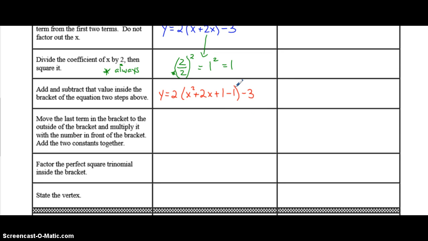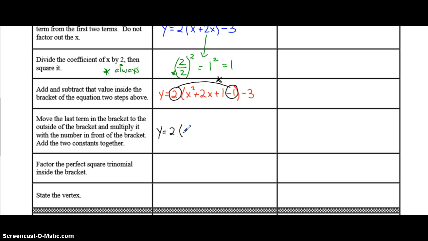The next step is we're going to take this number here that you subtracted and multiply it with the a value. So basically we're going to use the distributive law on that term only. So 2 times negative 1 is negative 2, so it's going to come out of the bracket and join that negative 3. So the a is still going to be out front.